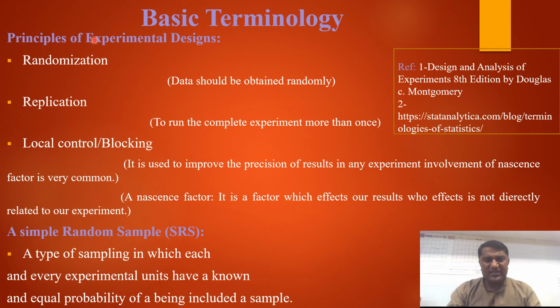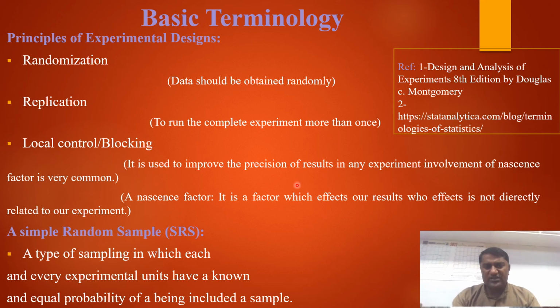So the principles of experimental design: the three principles are randomization, replication, and local control or blocking. Randomization means the data should be obtained randomly. Replication is to run the complete experiment more than once. That is called replication. And local control or blocking is used to improve the precision of the results in any experiment.